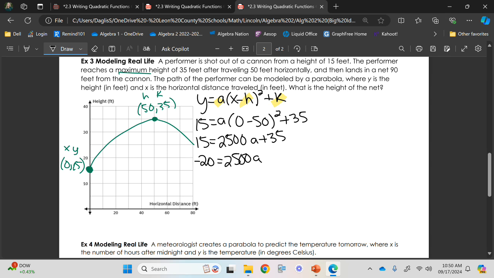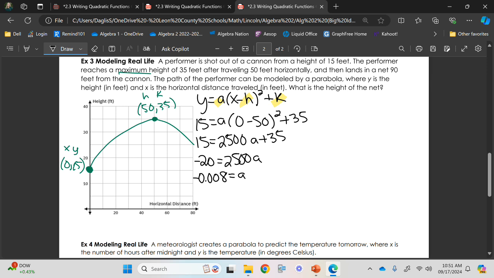Divide both pieces by 2,500, and you're going to get negative 0.008 for your A value. Okay. Does it make sense to have a negative? Yes, we have an upside down parabola.